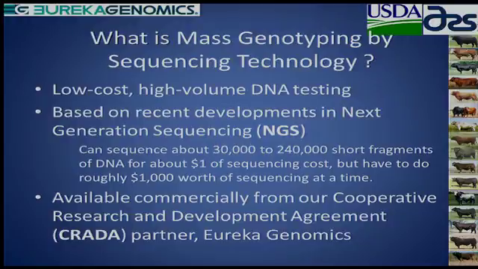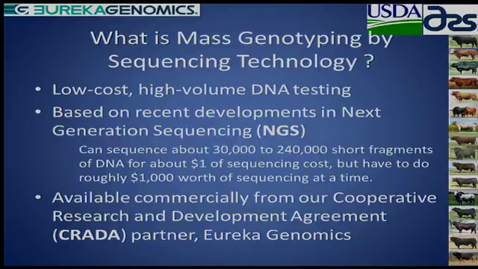So, mass genotyping by sequencing technology is an approach to low-cost, high-volume DNA testing, and it's based on recent developments in next-generation sequencing. Next-generation sequencing is a technology that's used in a lot of areas of science and biology.